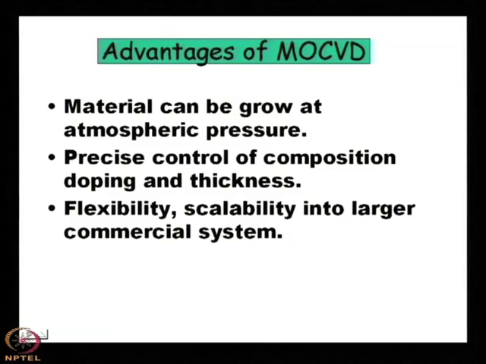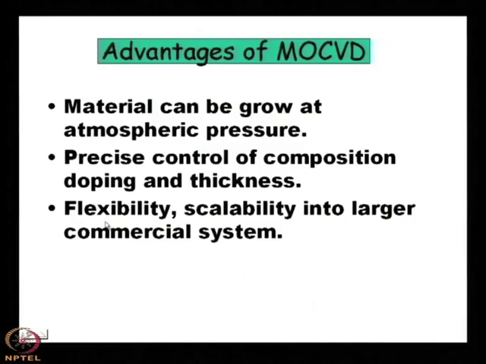For doping, it can be 2 into 10 to the power 17 or 2.5 into 10 to the power 17 or 3 into 10 to the power 17, you can precisely control. If you want it to be 1.8 into 10 to the power 17, it is possible using MOCVD. Very precise control.